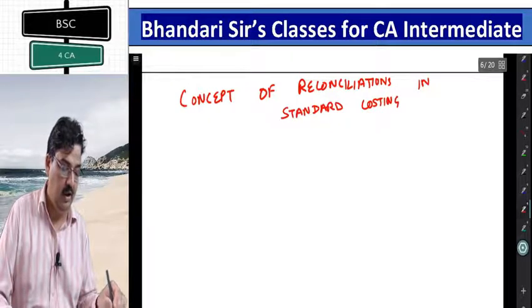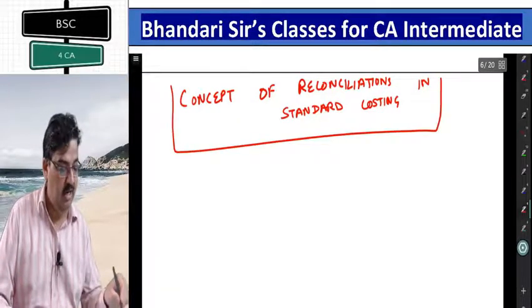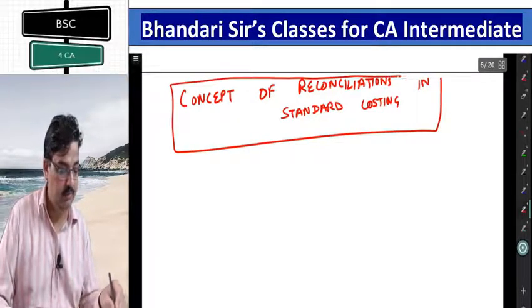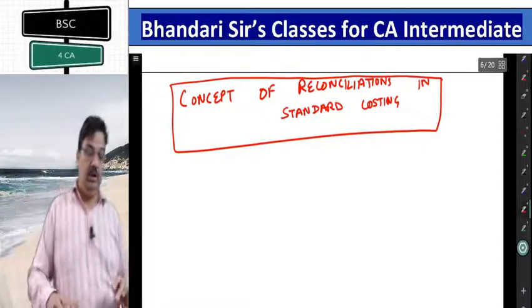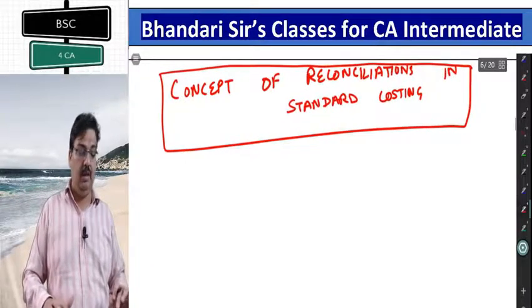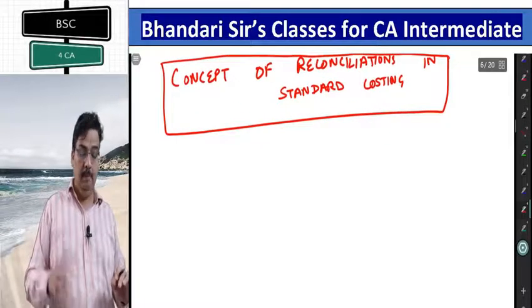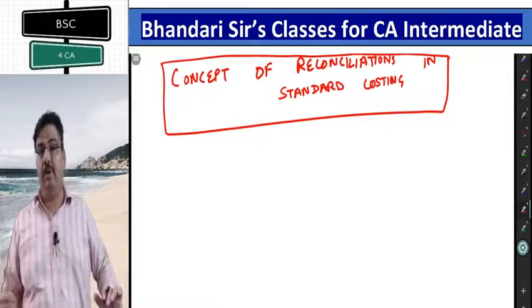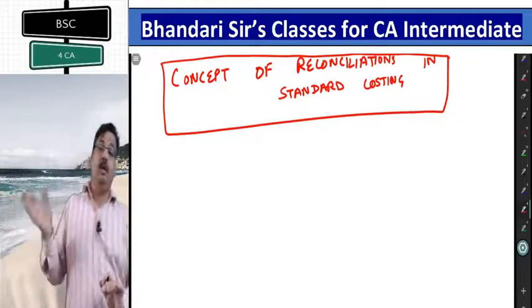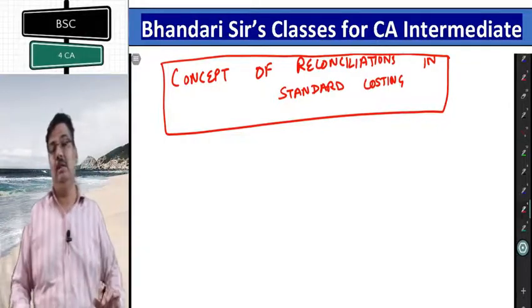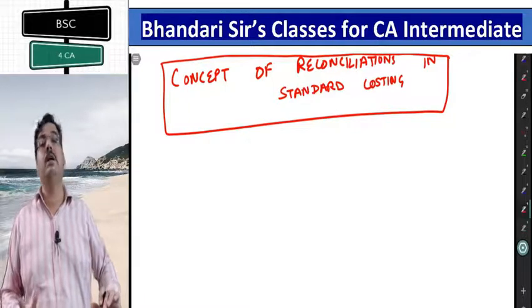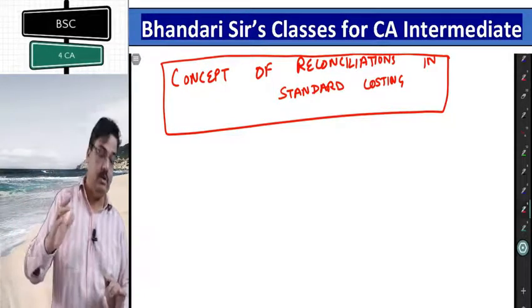Now at CA final level, it has been very, very important since a long period. There are reverse reconciliation questions, very famous at final level. You are given a reconciliation, you are asked to compute the basic data. Actuals given, compute standards. Standards given, compute actuals. At your level, that is not expected. They might sometimes ask you to create a reconciliation.